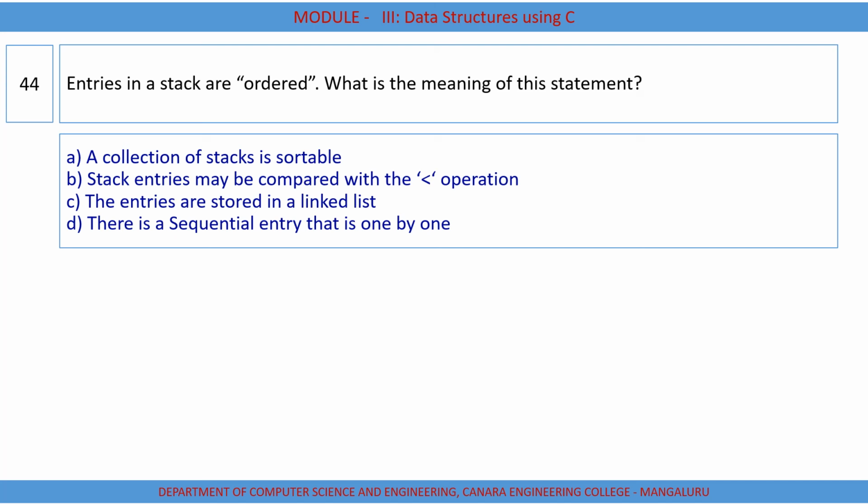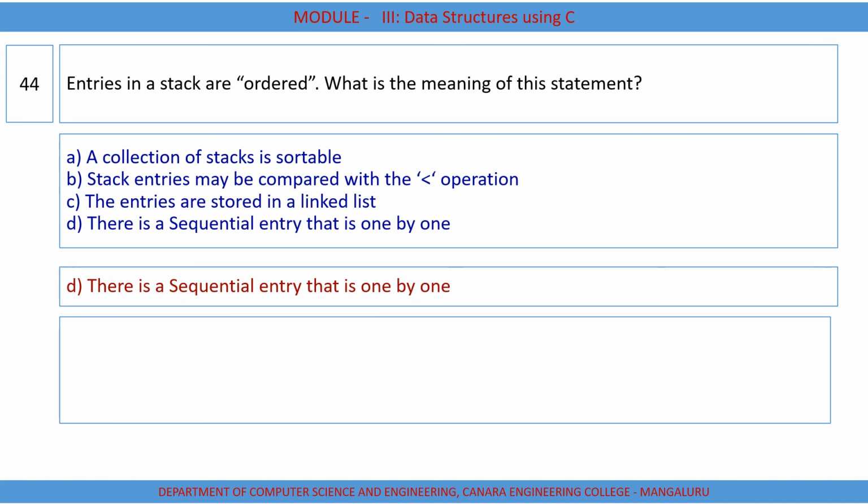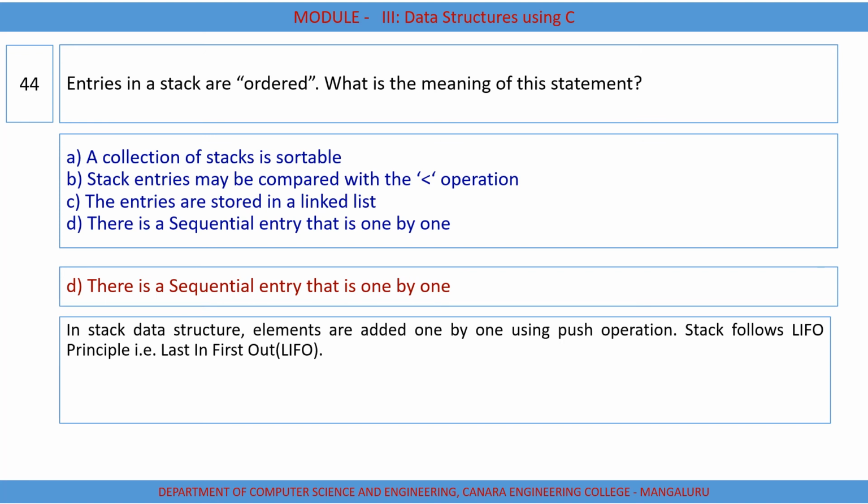Three, the entries are sorted in a linked list. Four, there is a sequential entry that is one by one. So the answer is there is a sequential entry that is one by one. In a stack data structure, elements are added one by one using the push operation. Stack follows the LIFO principle, last in first out.